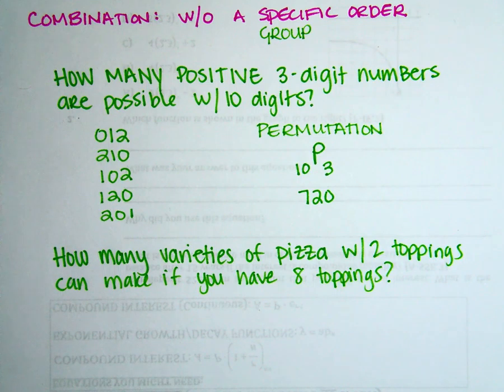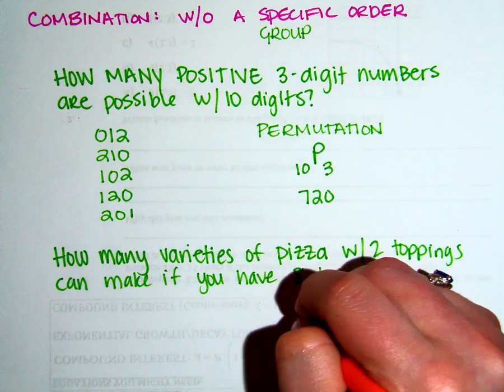So our question you should be asking yourself is order important here? Is it important which topping you choose first? Okay? So since you've decided that order is not important, this would be a combination.